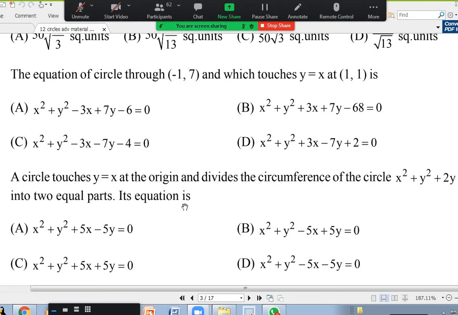Question 21. There is a circle touching y equal to x at 1, 1, and we want the circle to pass through -1, 7.